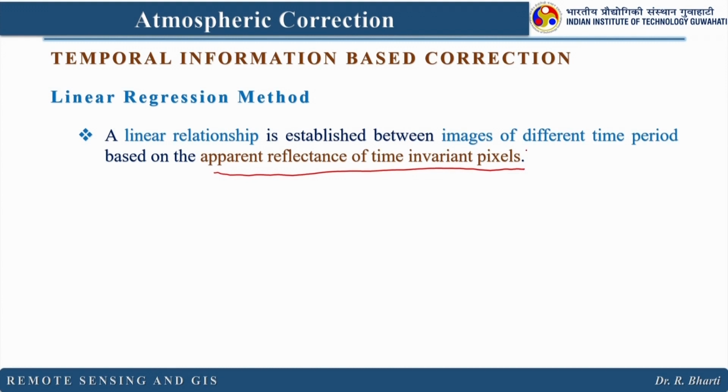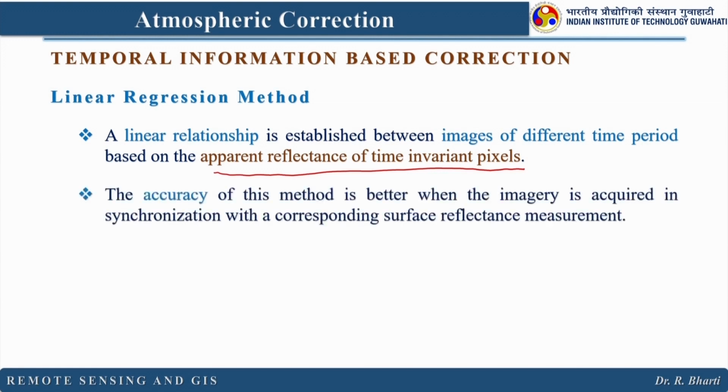That means pixels which are not going to change with time, does not matter what your weather condition or other parameters are, right. So, you have to find those pixels which are not going to change with time. The accuracy of this method is better when the imagery is acquired in synchronization with the corresponding surface reflectance measurement.